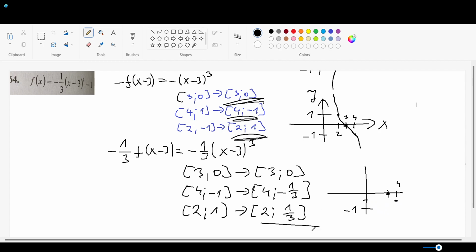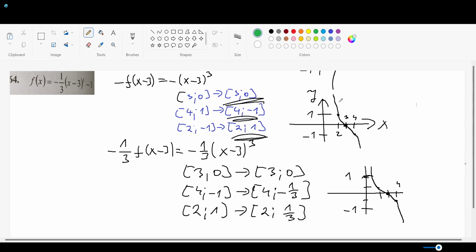And the same applies for x being 2, which is this point, and again here we have number 1, so 1/3 is here, and this is our new graph.